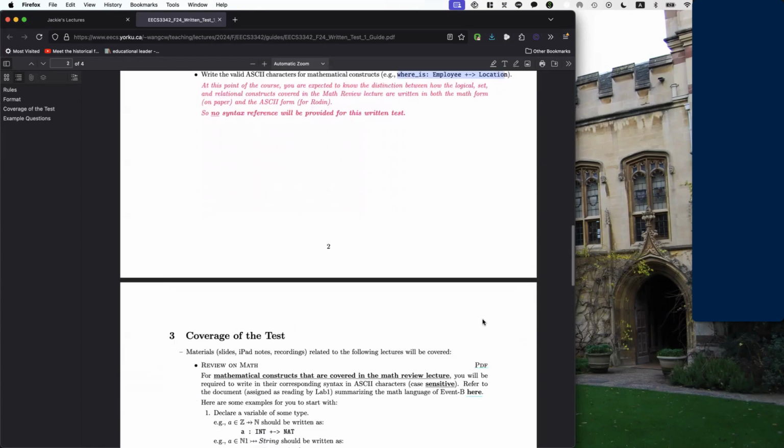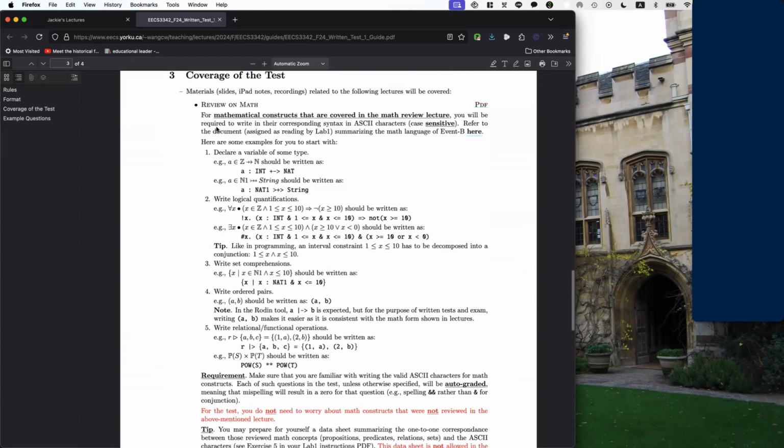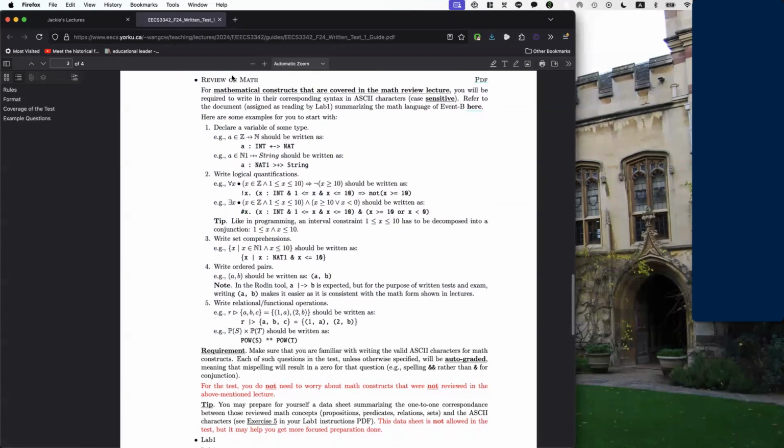It's not that many you have to remember, right? So I just gave you some examples over here of the mathematical constructs. You will have to know how to write them in the Rodin syntax. You can take this section as a starting point, and then the review math lecture will be the main slides for you to study.